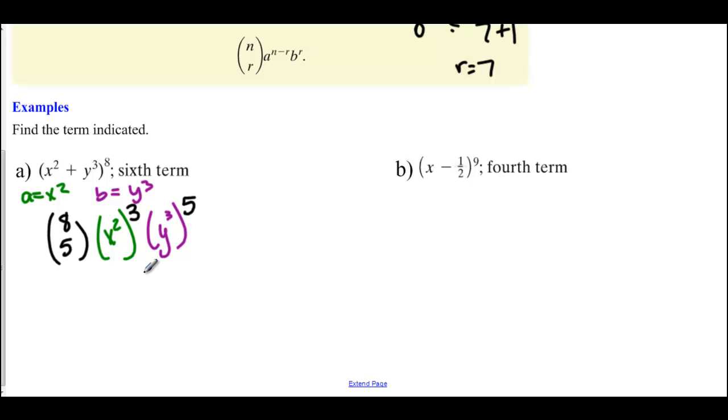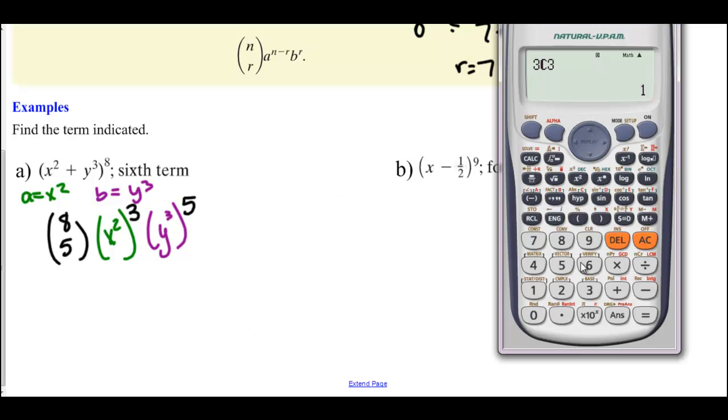I promise after you do like 20 of them, the pattern's really obvious. So for the 8 choose 5, I'm just going to pull up my calculator really quickly and do 8 choose 5. Sorry about all the double numbers.